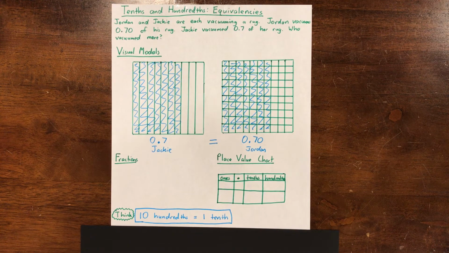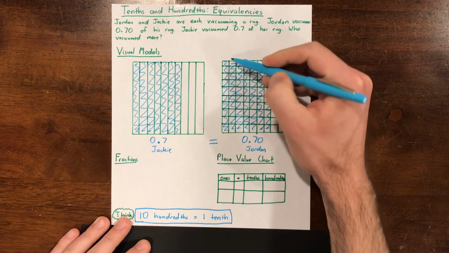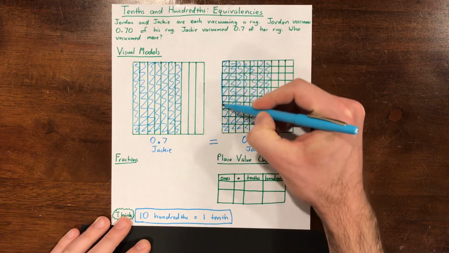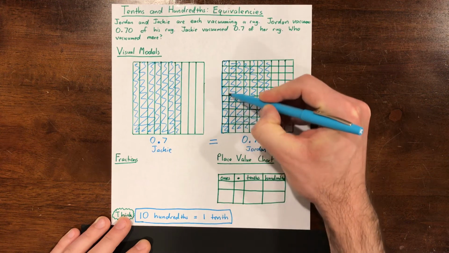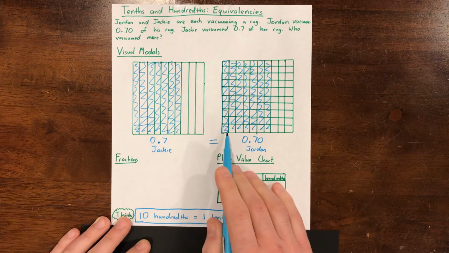Right. A hundredth is 10 times less than a tenth. So it would take 10 hundredths to make 1/10. Same thing. Cool.